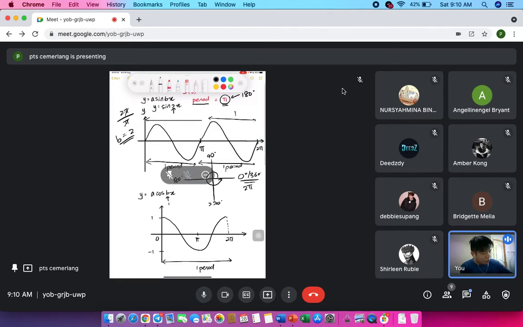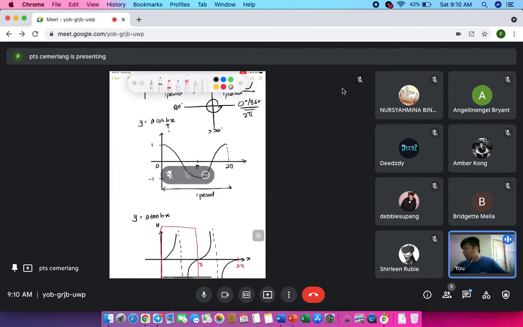So let's say for cos B, the same thing. I'm just going to give you one example based on your question number 4. Kalau kita nak cerita pasal cos, same thing. Satu full turn is 2 pi, ataupun 360 degree. So this is called one full turn, right? Kalau soalan kata the period is equals to pi over 3, bermaksud apa?